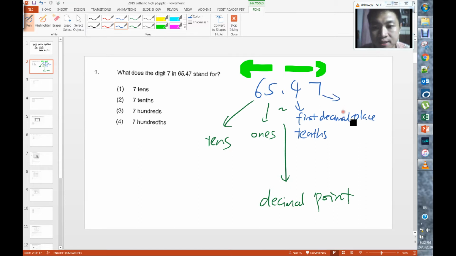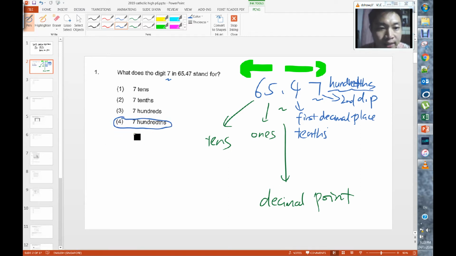Therefore this is the second decimal place, and 7 indicates the hundredths position, and subsequently. So in this case the digit 7, which is here, clearly stands for the hundredths position. So you should choose 4.